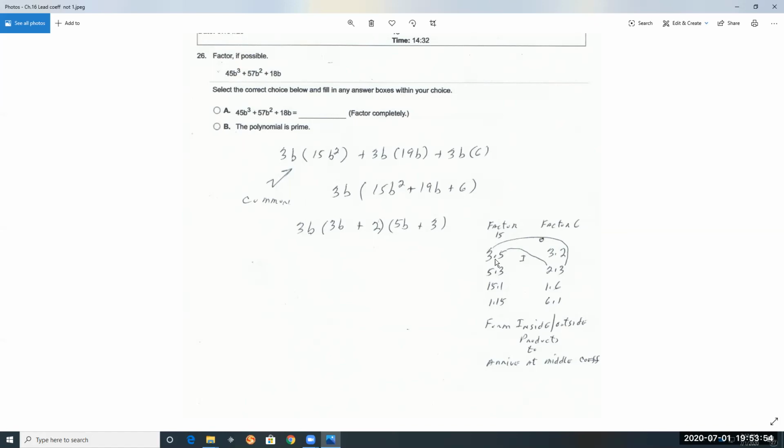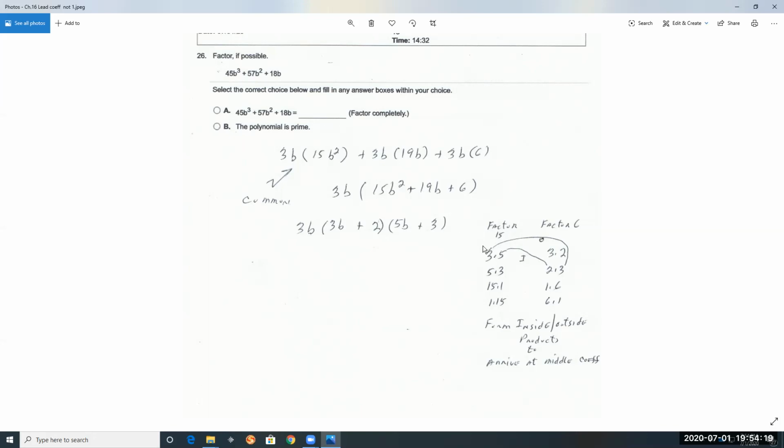Then I would like to work with the first quantity and the second quantity by multiplying inside values and outside values. For the first line, 5 times 3 is 15, and 3 times 2 is 6, and 6 and 15 are not going to give me a 19, whether I add or subtract.